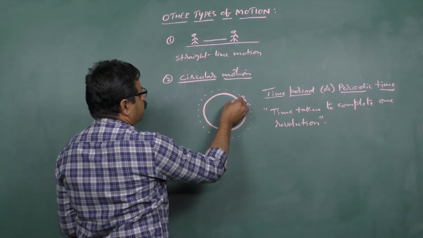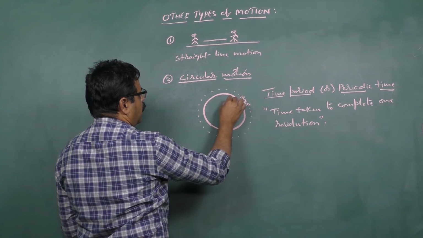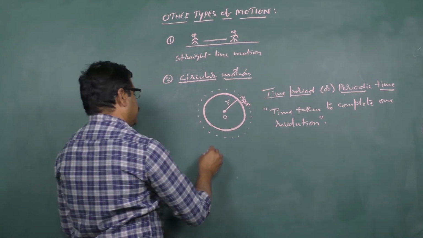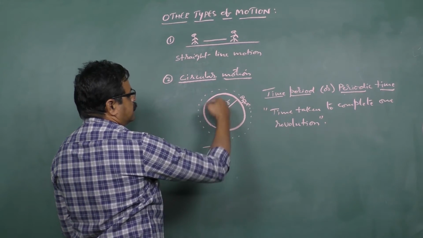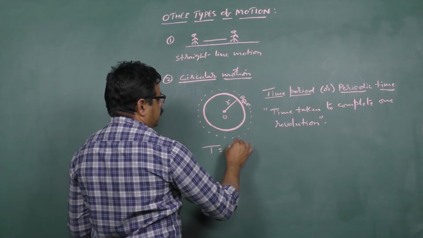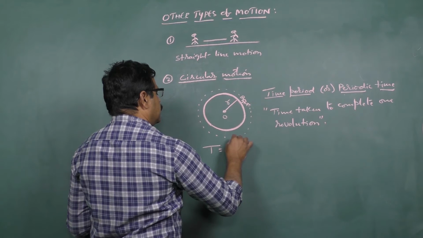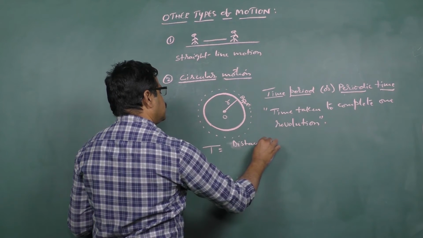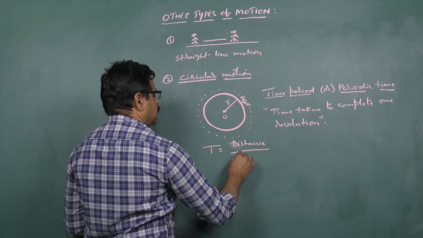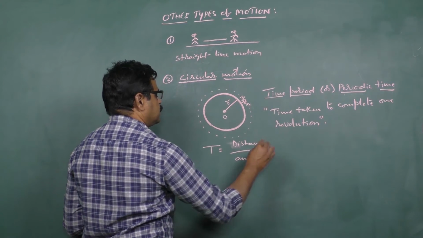If it is moving on a circular path with radius r, then the time period is the total distance travelled, given as 2 pi r, divided by its velocity, because it is moving along a circular path.